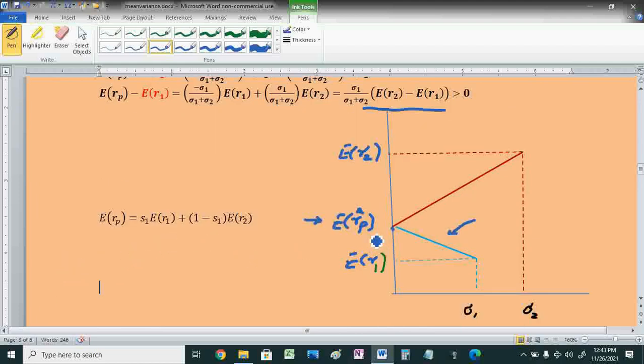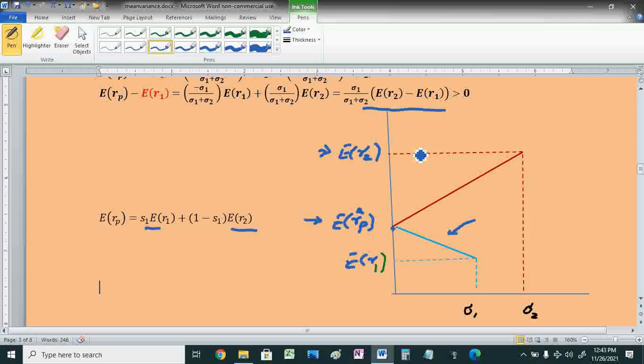And then see that when I put S1 equal to 0 here, for example, this means that ERP will become equal to ER2. So when S1 is equal to 0, my expected return will be equal to ER2.